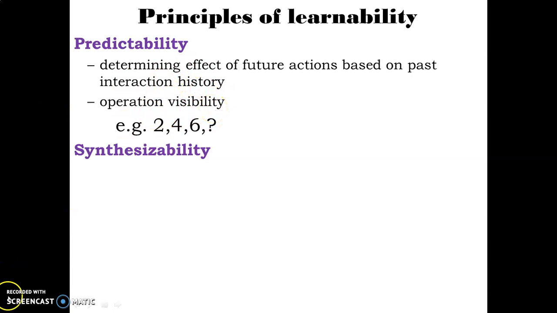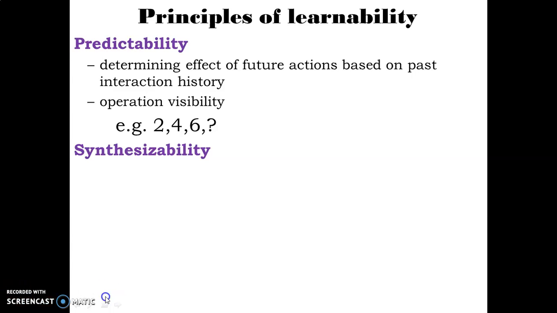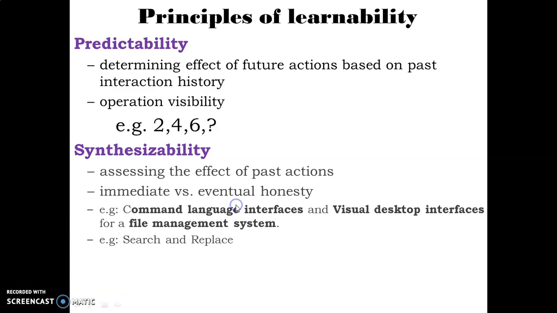Next, synthesizability. When an operation changes some aspect of internal state, it is important that the change is seen by the user. So, the principle of honesty relates to the ability of the user interface to provide an observable and informative account of such change.